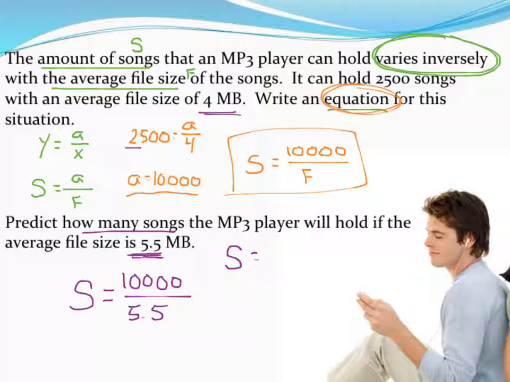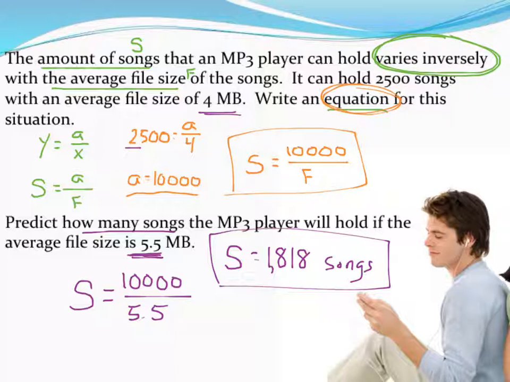Since s stands for the number of songs my iPod can hold, I should probably round that to the nearest whole number, which in this case is going to be 1,818 songs. So just like we predicted, because the file size went up, the number of songs we hold went down. And as I said, it's the exact same thing that we just did. Step 1 was write our equation. Step 2 was use our equation.